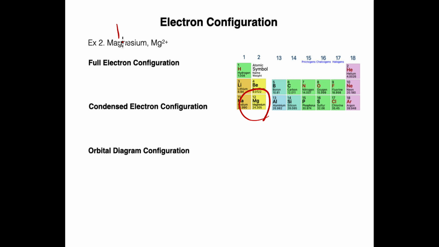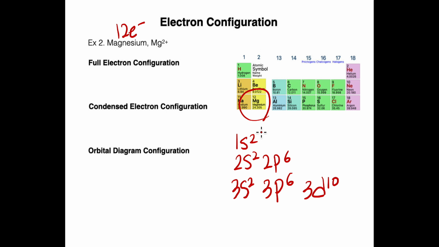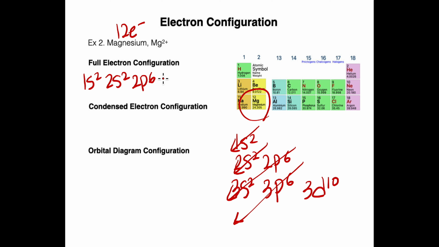Magnesium is an atom with 12 electrons, and before I write down the configuration, I would like to write down the order of fill on the right-hand side just to keep me reminded and help me when I'm writing the configuration. The full electron configuration of magnesium is as shown above, and this will total up to 12 electrons.